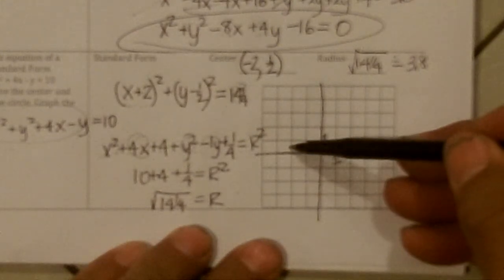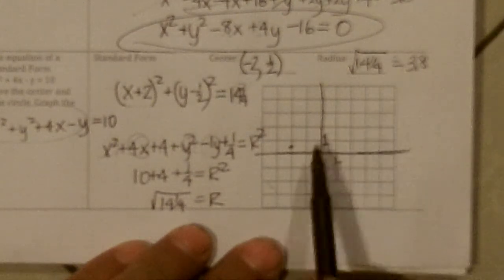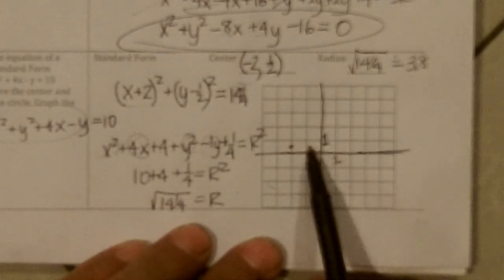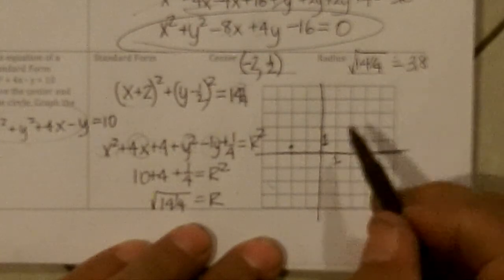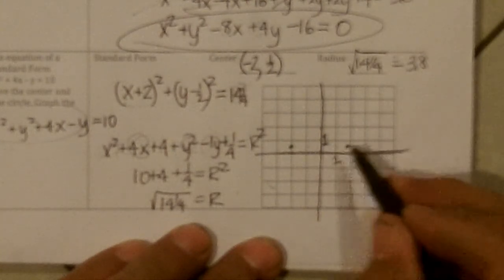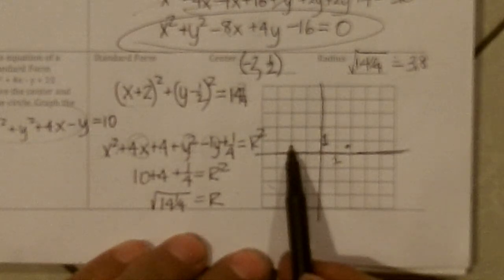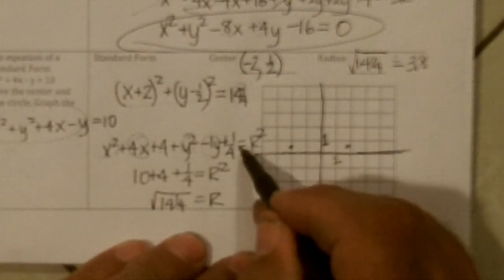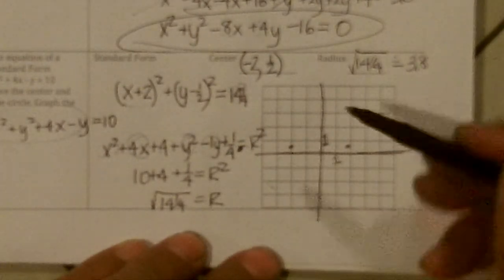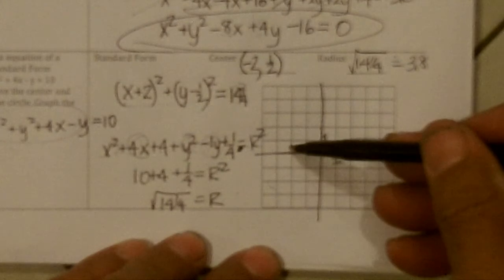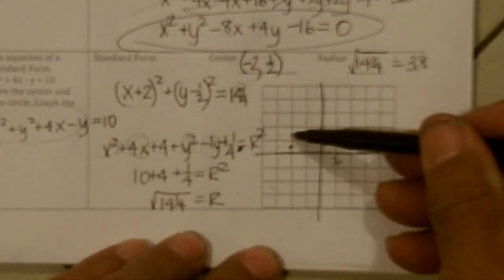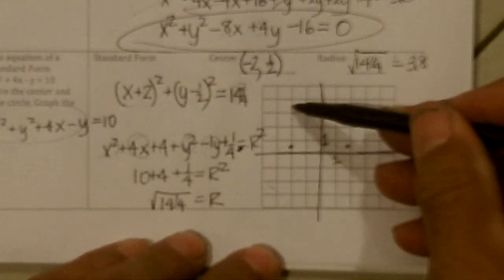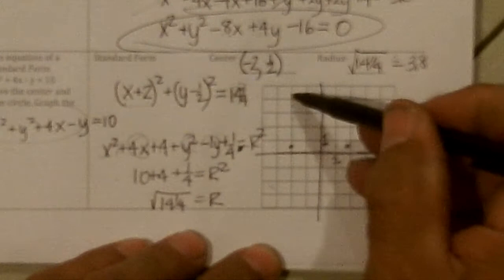The center is at minus 2, so if I go positive 3.8, that's 1, 2, 3.8, about there. If I go back 3.8, it's going to take me back here, and it's going to overlap my writing over here. If I go up 3.8, I'm up 1/2, so I have to go to 1.5 for 1, 2.5 for 2, 3.5 for 3, plus 0.8 is going to take it up to 4.3.